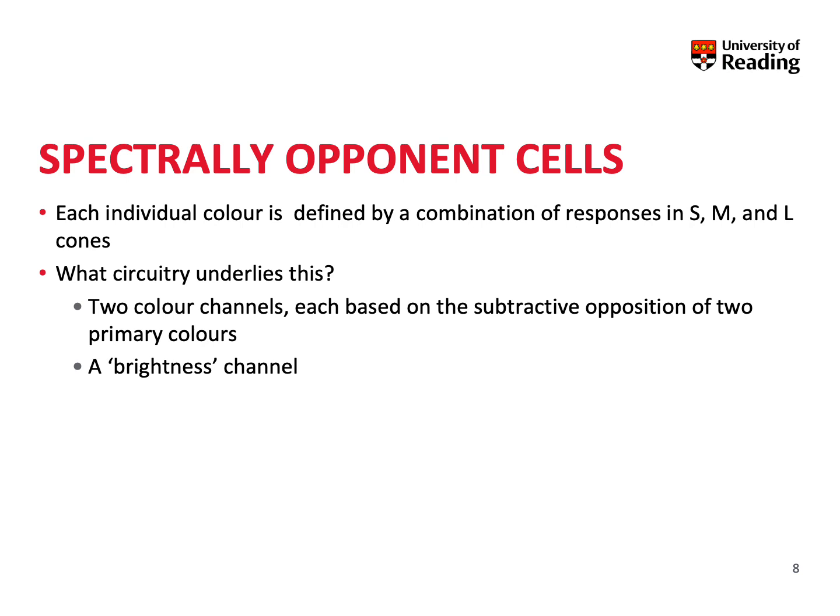So we'll see what that means first by looking at the evidence that early psychologists in the 19th century used to prove that there was an oppositional two-channel system underlying colour perception. In addition, there is a brightness channel that allows you to mix in the amount of white, if you like, into the colour you're perceiving.